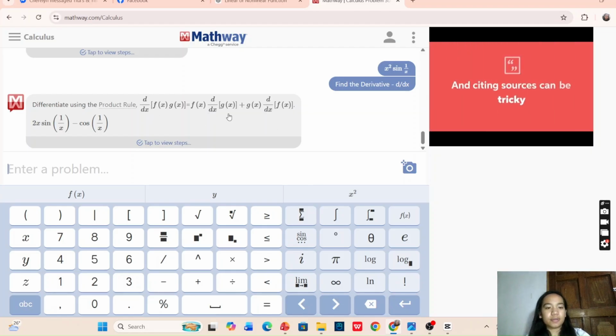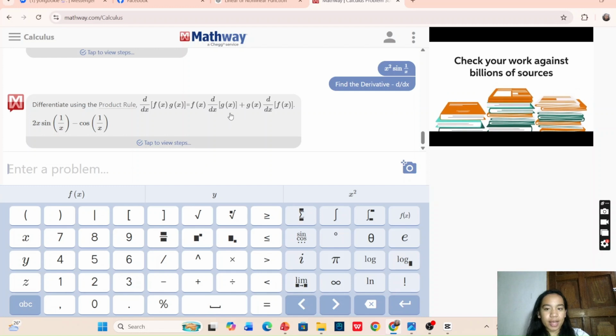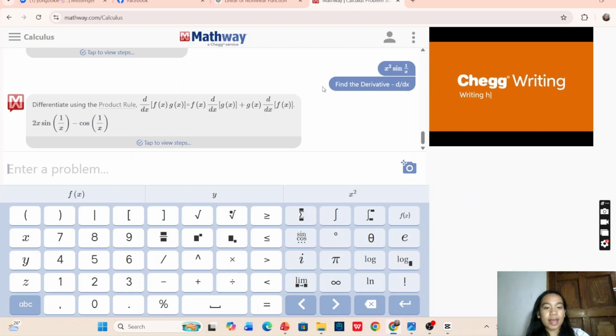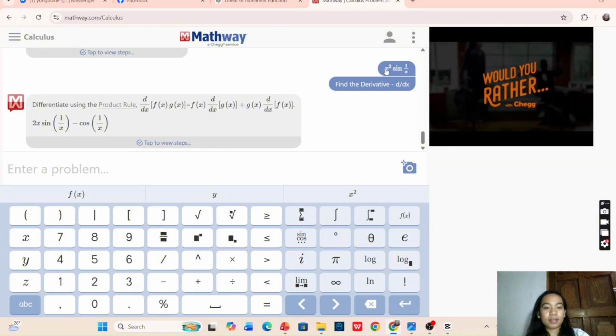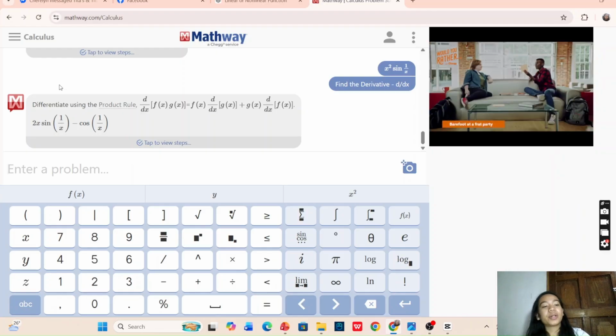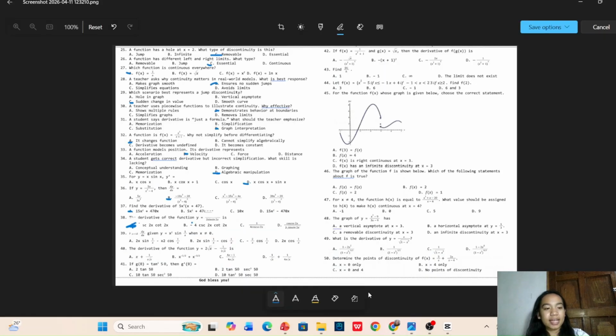This is through the use of the product rule, which is multiplying the function f of x, which is the x squared, times the derivative of g of x, which is the sine 1 over x, plus g of x, which is the sine 1 over x, times the derivative of f of x, which is 2x. And thus it gives us 2x sine 1 all over x minus cos 1 all over x. So let us try to locate the answer.